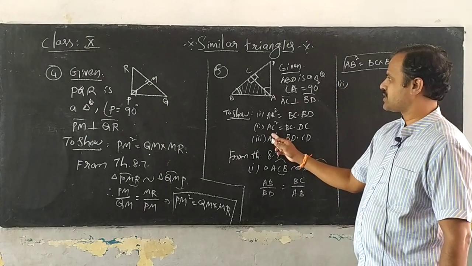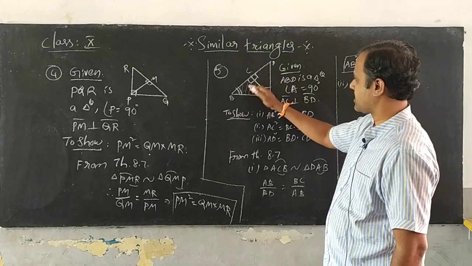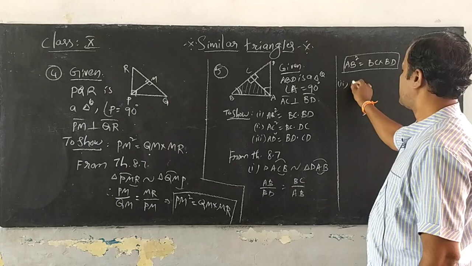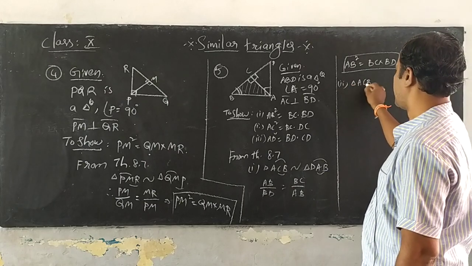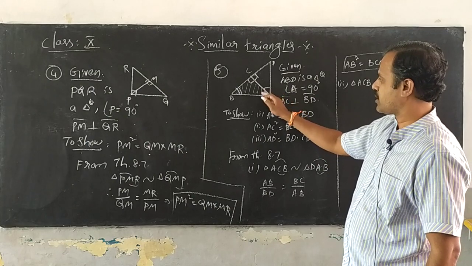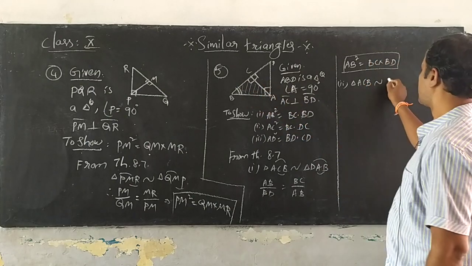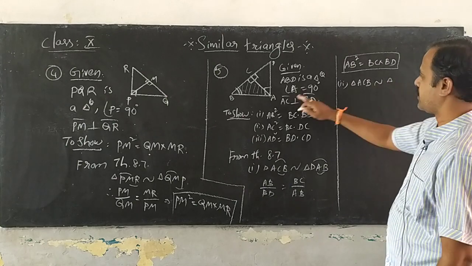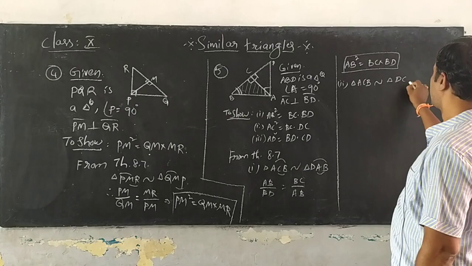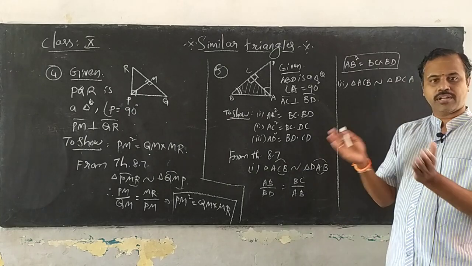What is the second one? AC square. AC is present in the middle, that means you have to take the two small triangles. Triangle ACB is similar to triangle DCA. You should not take A again, because A and A are not equal. So for B, this A will be equal, so triangle DCA. You must be very careful while choosing the triangles.